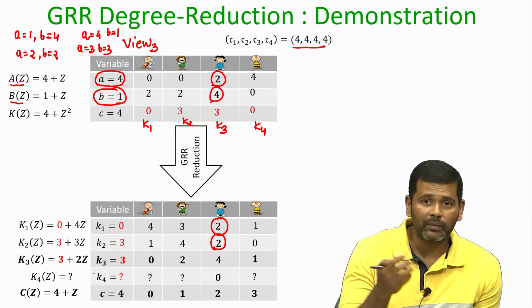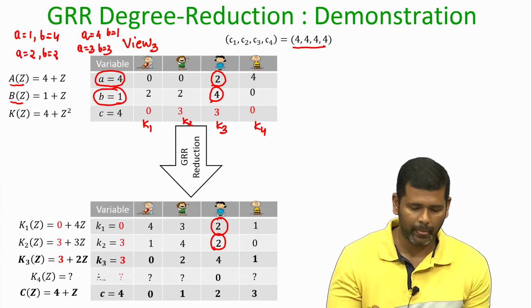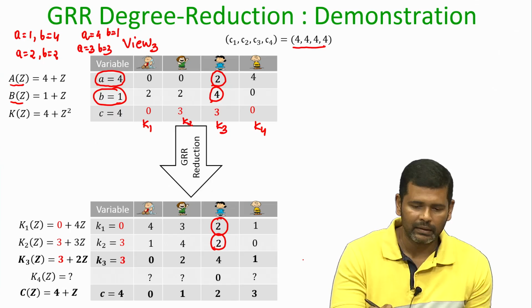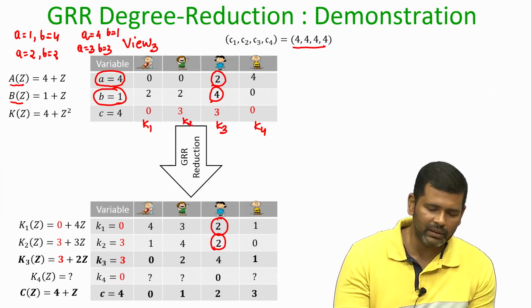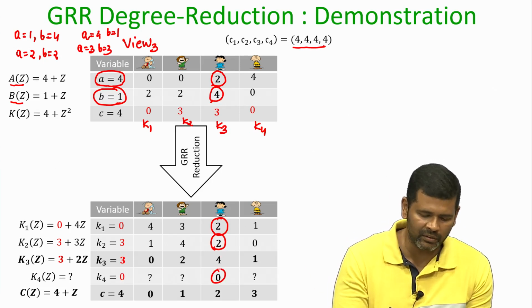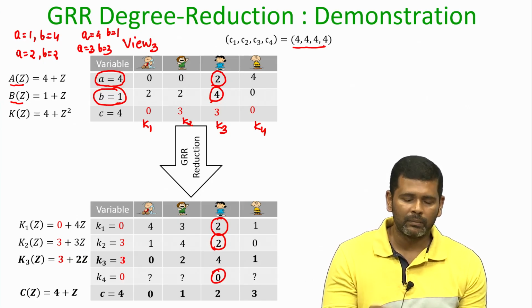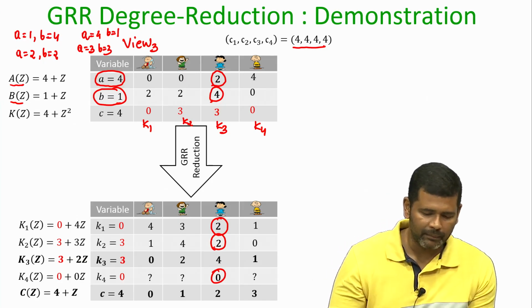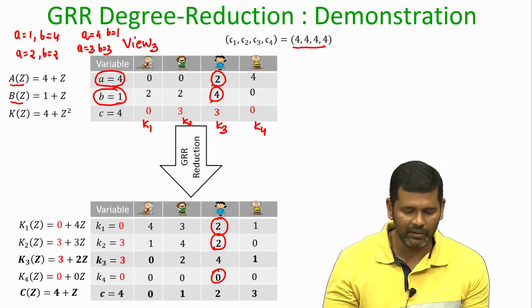K3 anyhow was shared by P3, so she is not going to make any hypothesis. And if K4 is fixed to 0, along with the fact that for that unknown K4 P3 has received the share 0, that fixes the K4 polynomial from the viewpoint of the corrupt P3 and the other shares of K4 that the other parties would have received.